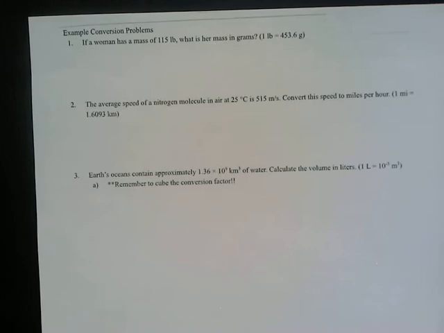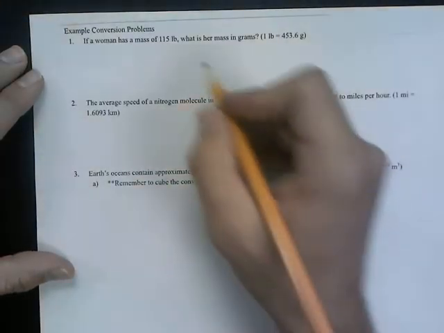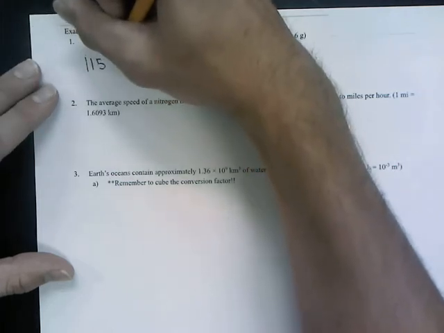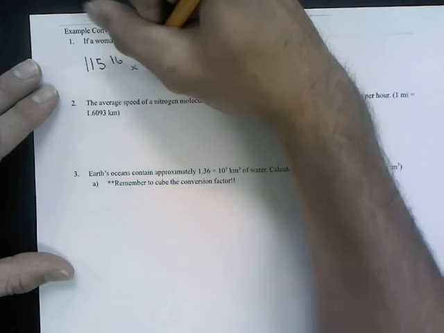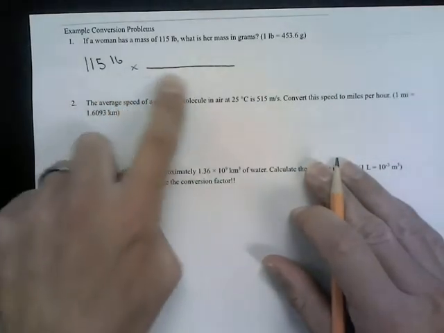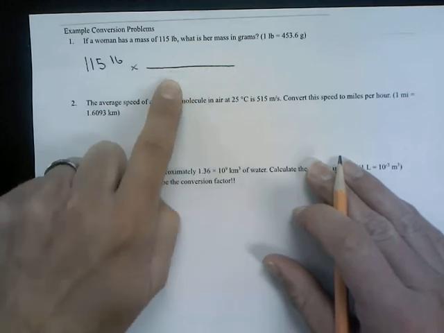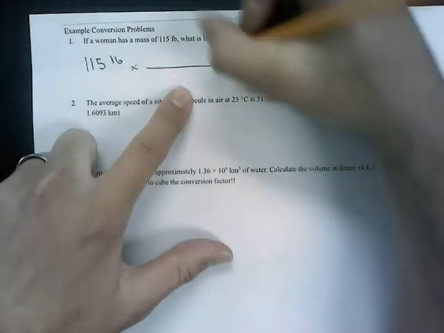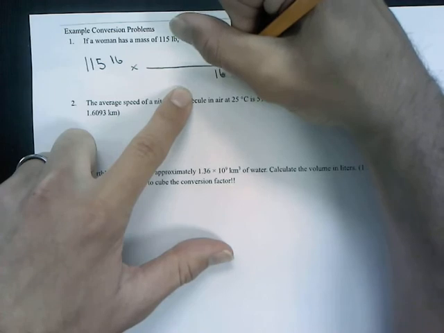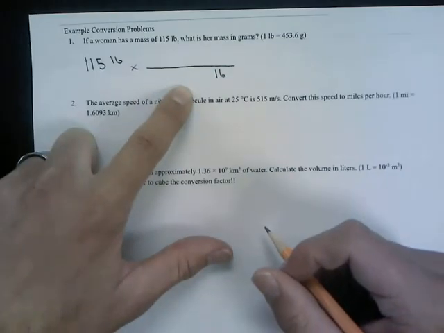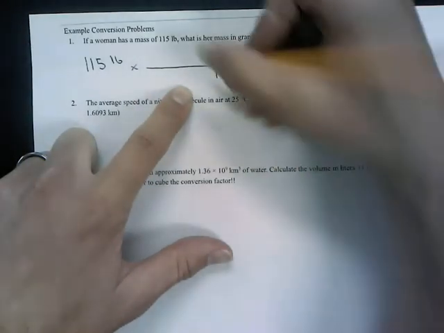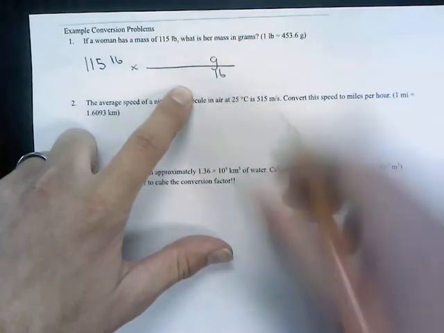So we start out with this woman and she has a 115 pound mass. Now, the way we set up the conversion factor is we set up a times, and it looks almost like a fraction. So this means that pounds, LB, has to be on bottom, and our desired unit is grams on top.